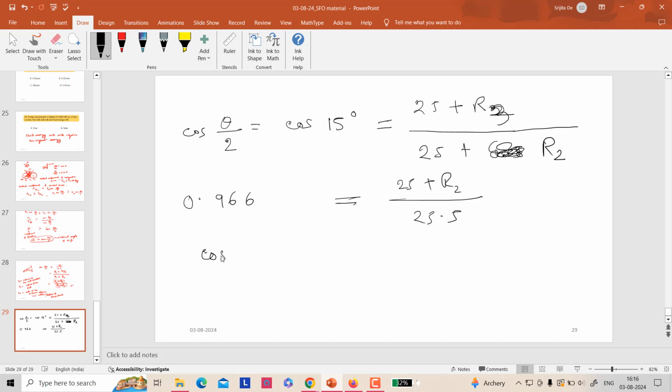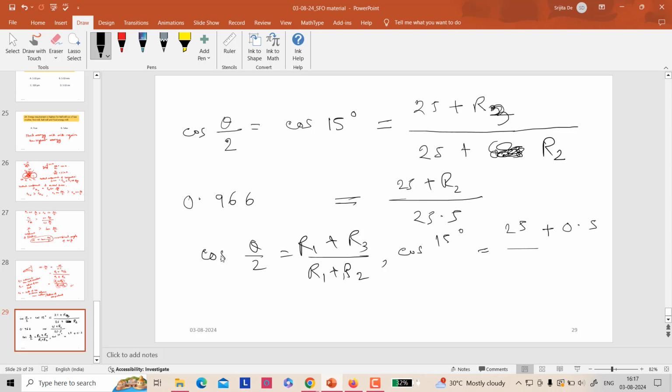The formula is cos theta by 2 equals R1 plus R3 by R1 plus R2. So it is cos 15 degree equals R1 is 25 centimeter, R3 is the radius of the product, which is 0.5, divided by again 25 plus feed size, that is R2.